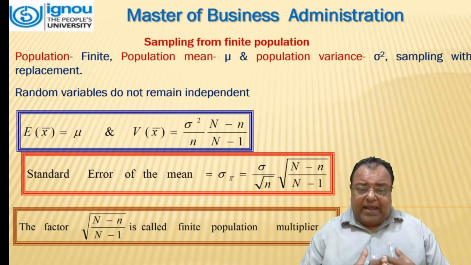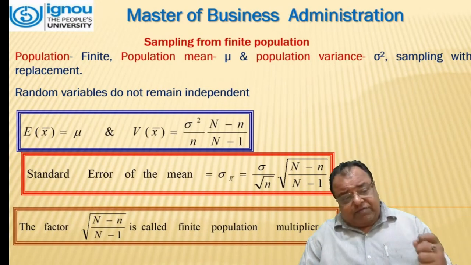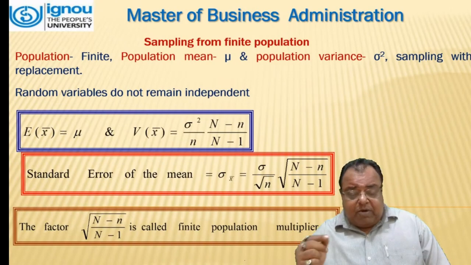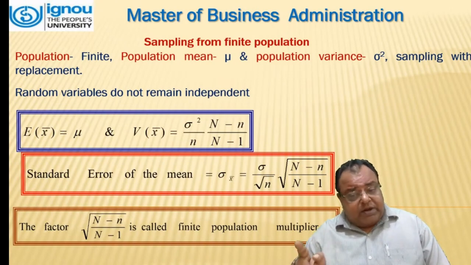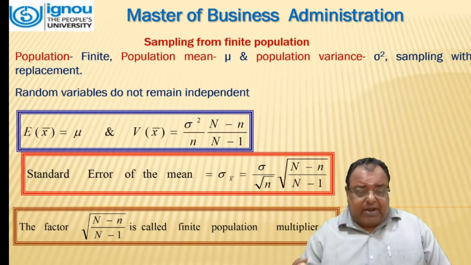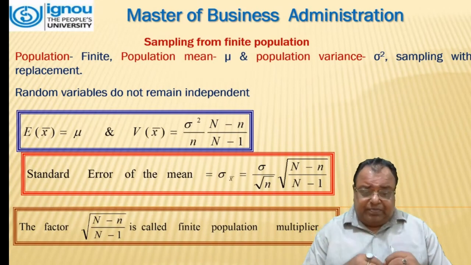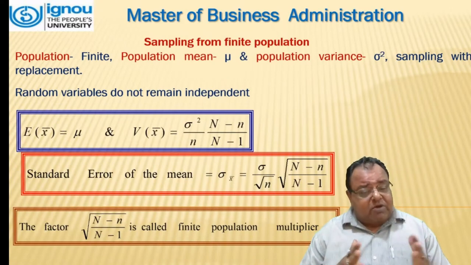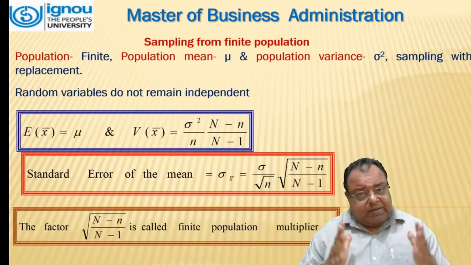Now, these all values have the same meaning. The standard error of the mean here will be sigma x bar equal to sigma upon root n into root of (N minus n) upon (N minus 1). This factor, root of (N minus n) upon (N minus 1), is called the finite population multiplier.